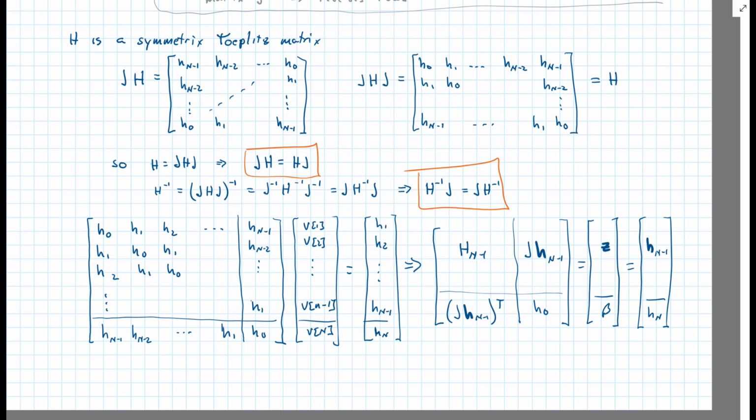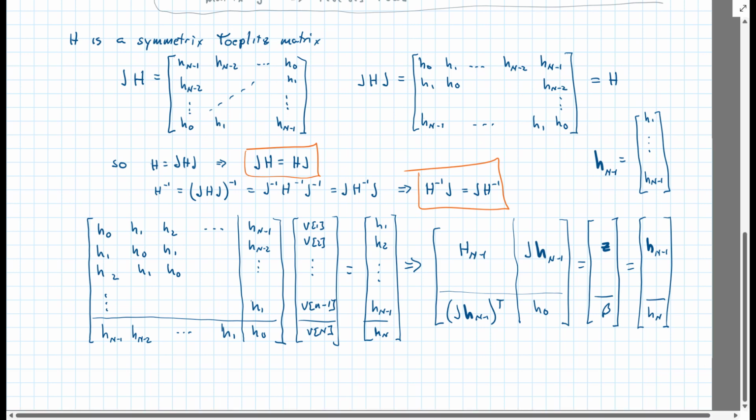I guess we should probably make sure that we're all clear as to what H_{n-1} is. H_{n-1} is H1 up to H_{n-1}. And this, of course, shows up in 3 different places.